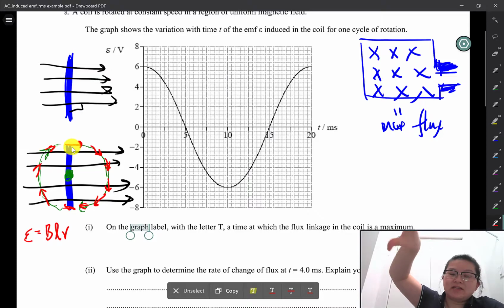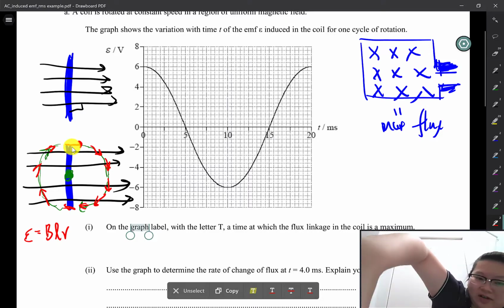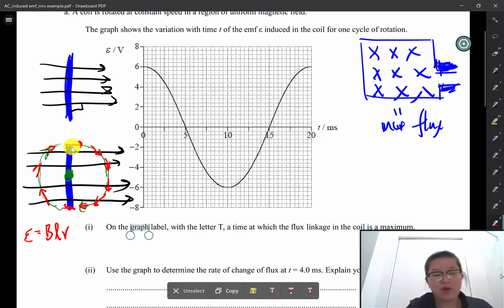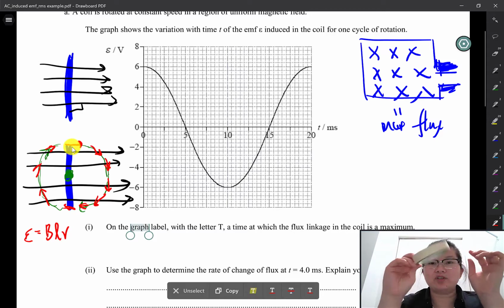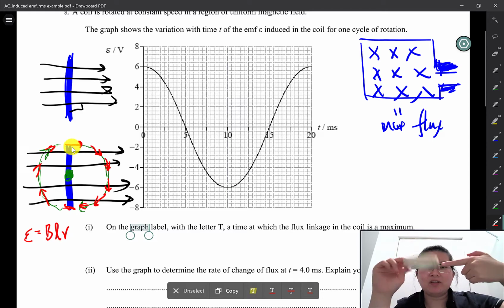notice that the velocity of those charges as it's moving through the field is going to be perpendicular when the coil is roughly around this position. So when it's doing this, the velocity of these charges in relation to the magnetic field, this is where it's going to be the most perpendicular.